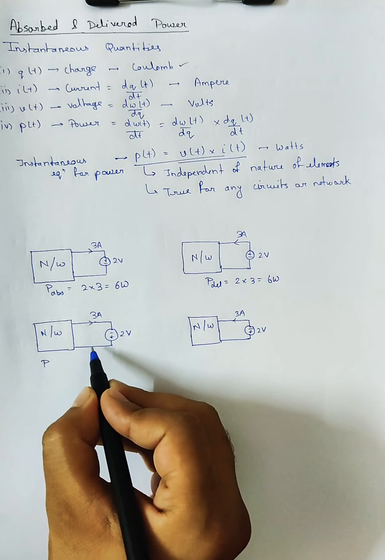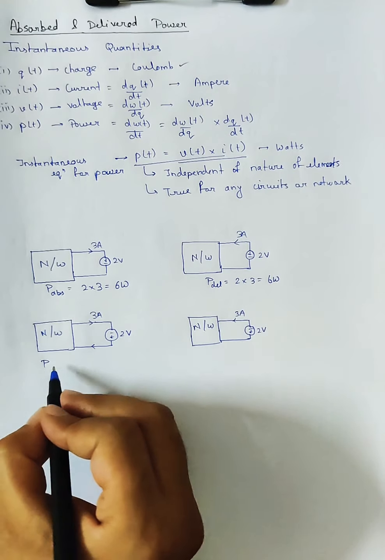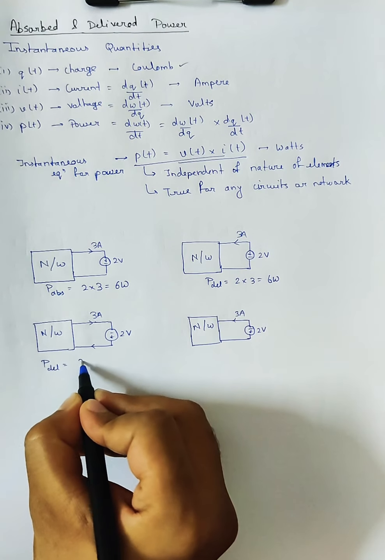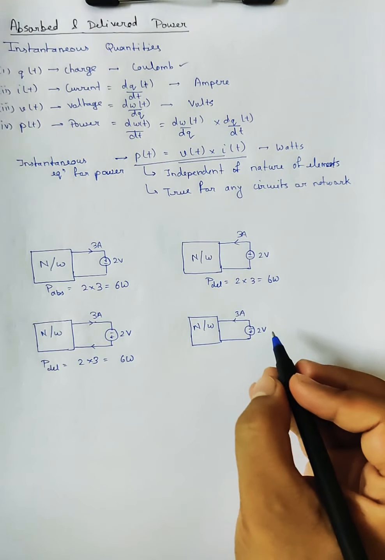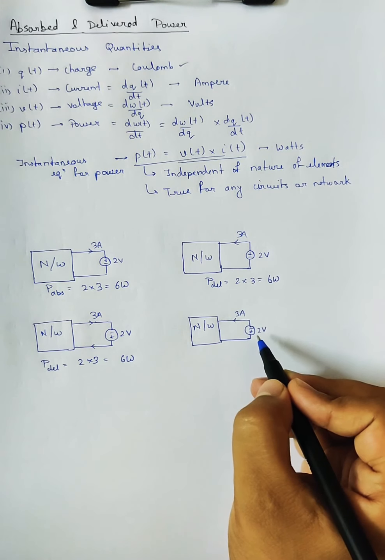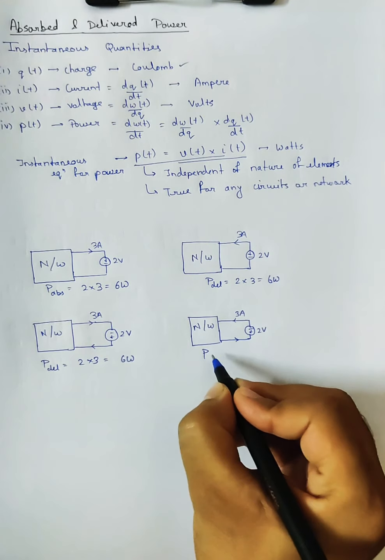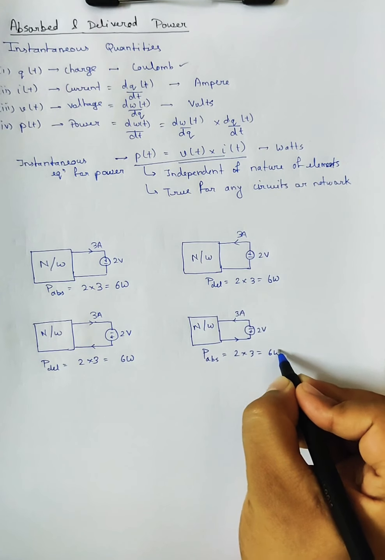That means it's coming out of the positive terminal, so power is delivered, and that is equal to 6 watt. In this network, current is coming out of the negative terminal of the voltage source. It means it's entering the positive terminal, so power absorbed is equal to 2 into 3, which is equal to 6 watt.